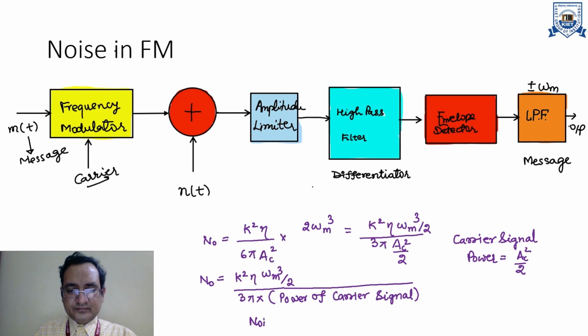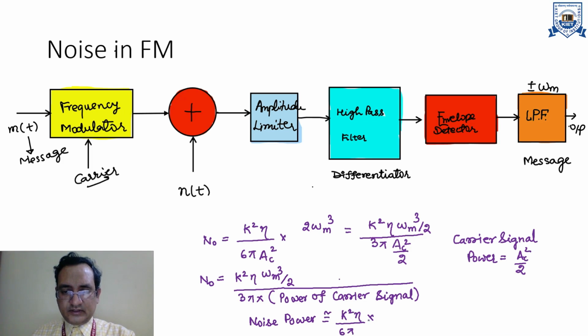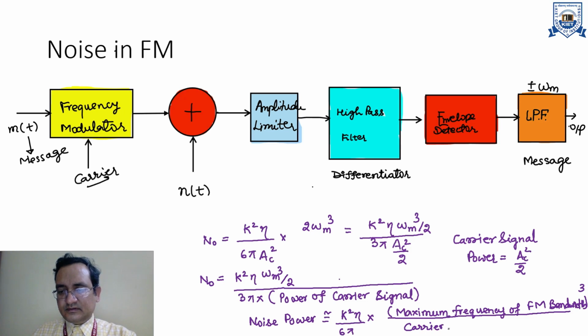So the noise power will be approximated as k square divided by 6 pi into the maximum frequency contained, this is the maximum frequency of the FM bandwidth, to the power 3 divided by the carrier signal power, right?